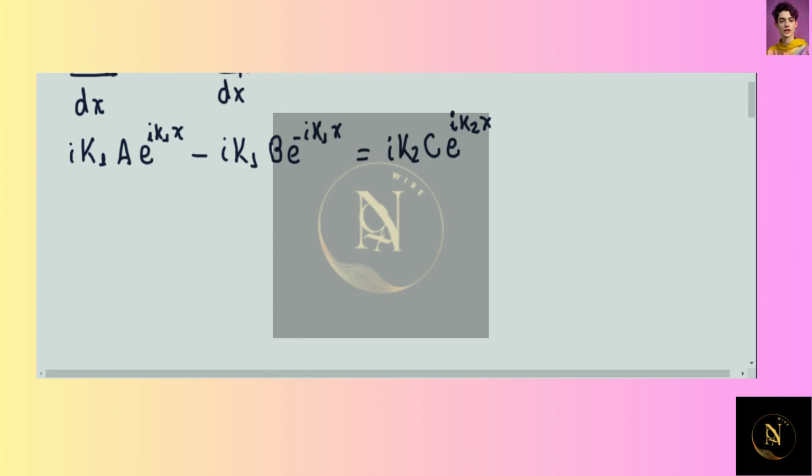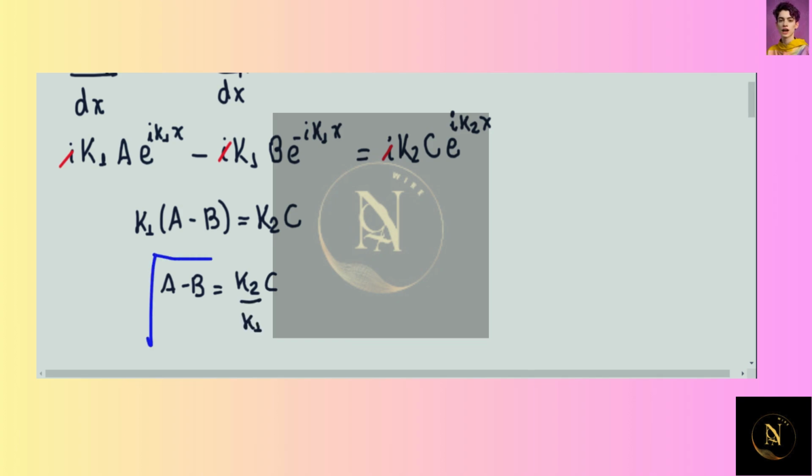And at 0, just canceling out the i's here, we obtain k1 times a minus b is equal to k2 times c. So a minus b is equal to k2 divided by k1 times c. So this is the other equation.